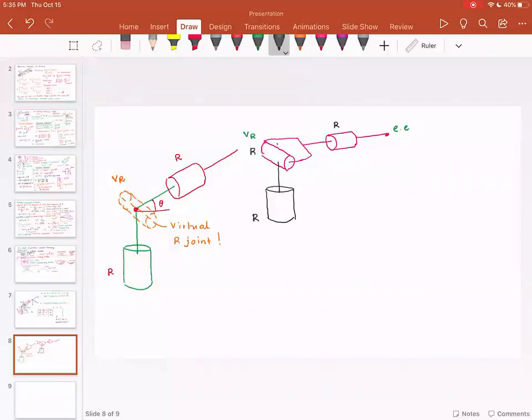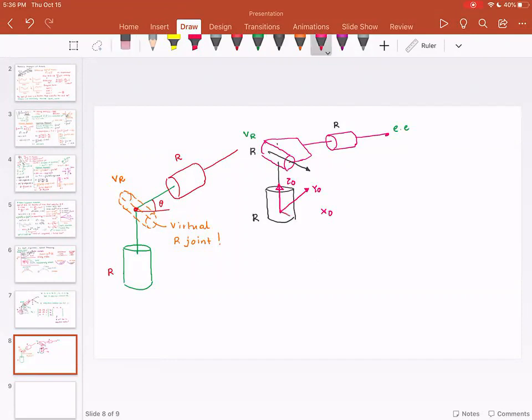So I am going to add, in exactly the same way, z naught, x naught, y naught, and add the coordinate systems on the same thing. I need to draw properly.